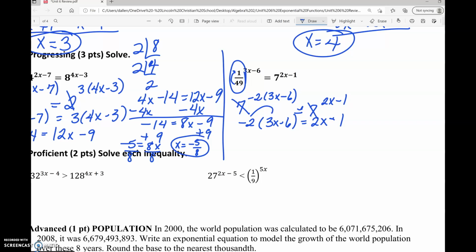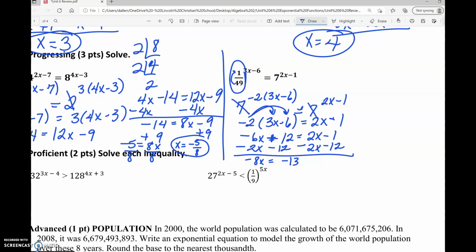Then distribute out my negative 2 to both, so negative 6x plus 12 equals 2x minus 1. Subtract 2x here, and I'm going to subtract 12 this way. So I get negative 8x equals negative 13. So I divide by negative 8, and x equals 13 over 8.